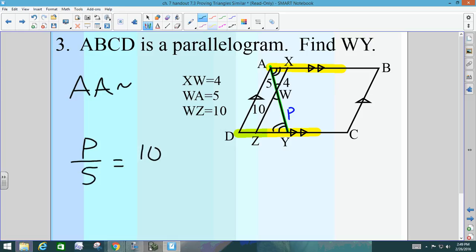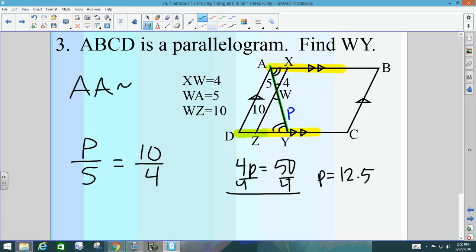P is to 5 as 10 is to 4. 4P equals 50. Divide by 4. 12.5? Yeah, 12.5. So you've got to make sure the triangles are similar before you can set up your proportions.